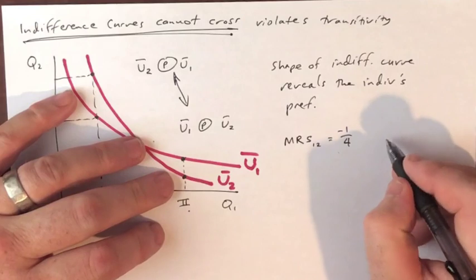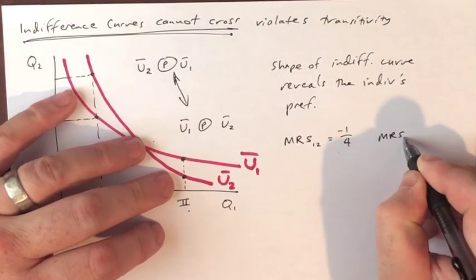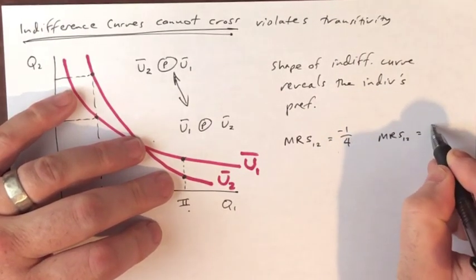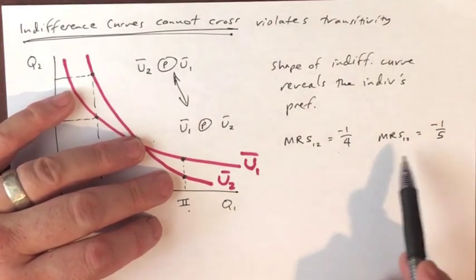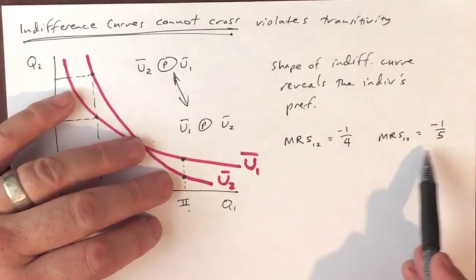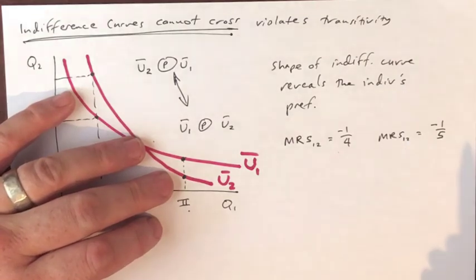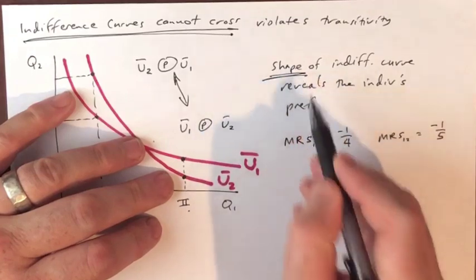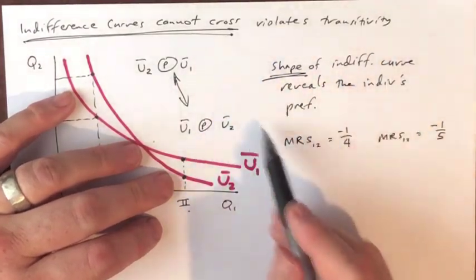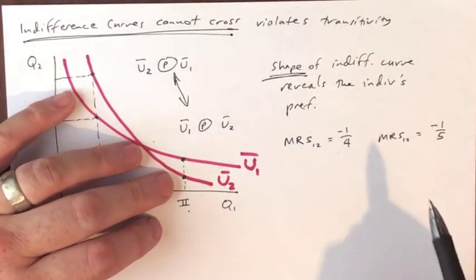For another individual, let's say the marginal rate of substitution was negative 1/5, right? Why would it have a different marginal rate of substitution? Because it has a different slope, right? Why does it have a different slope? Because it has a slightly different shape. Okay, the shape of it reveals the individual's preference.